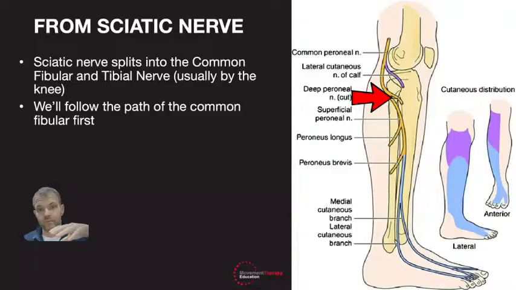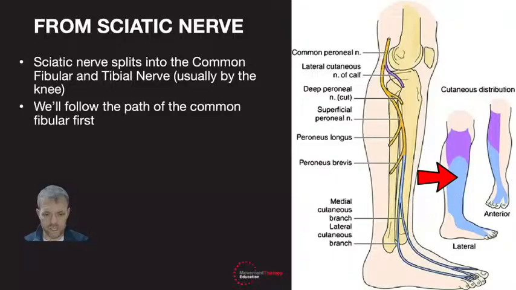Some of them will come from the motor part. So we've got some that control the muscles, and then some that receive information from the skin and the joints and the bones and all that. And the ones from the skin are the cutaneous nerves.